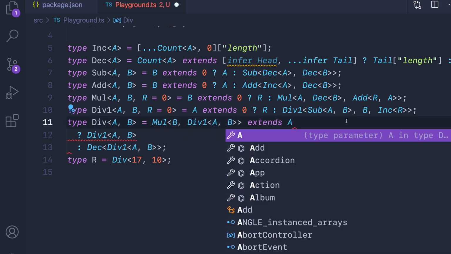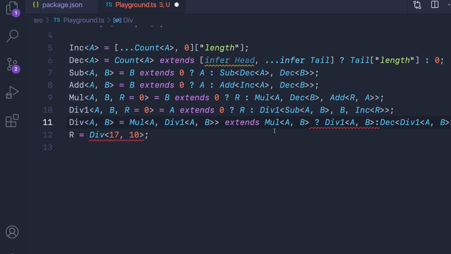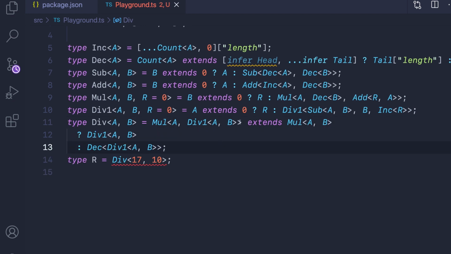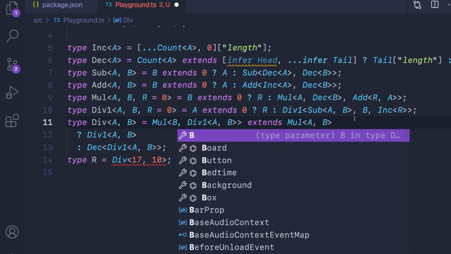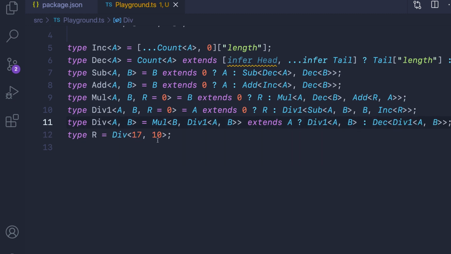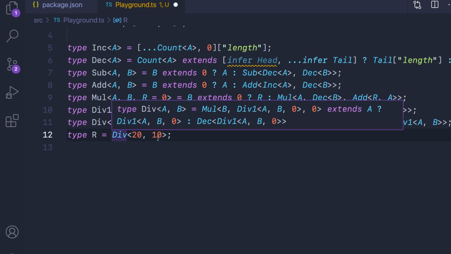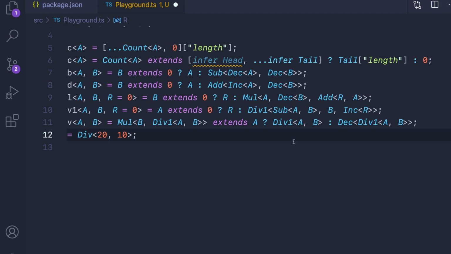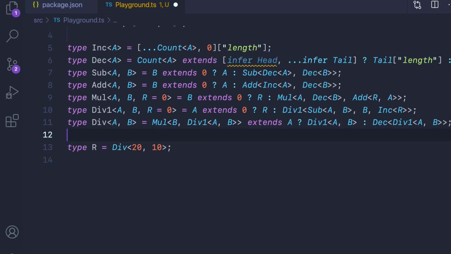Okay, let me. So B times the divider here should be equal to A. And yes, so here now we have 1. Nice. That's good. This enables us to do the modulo now.